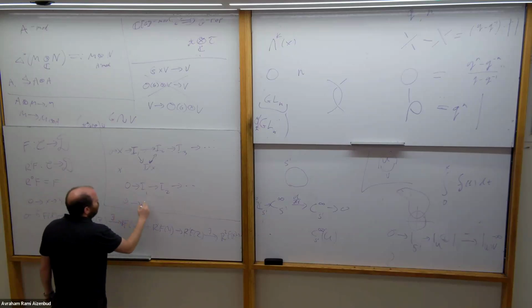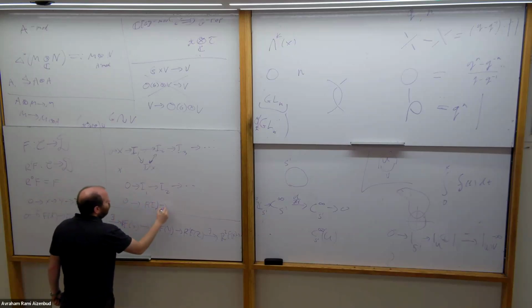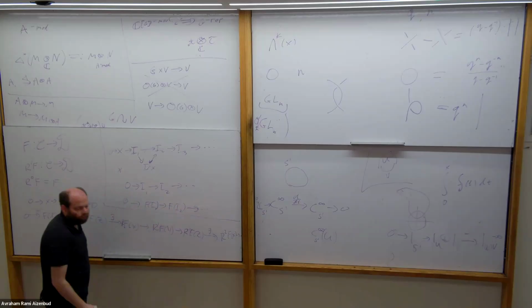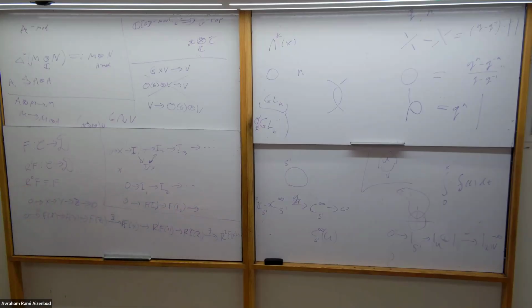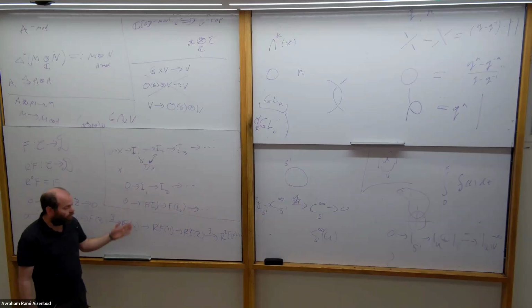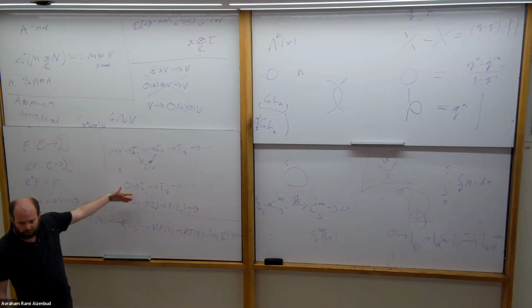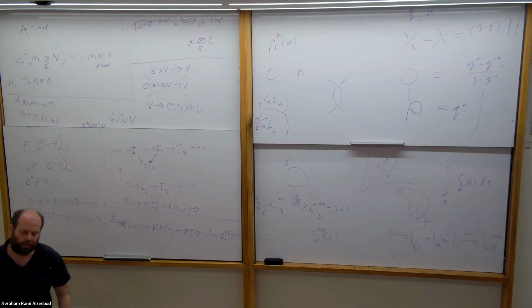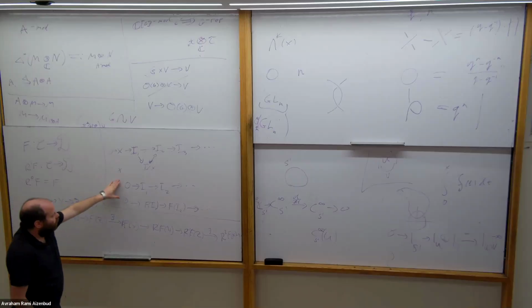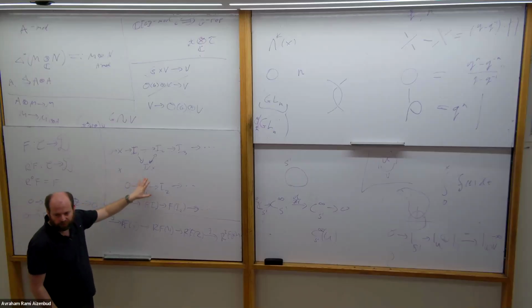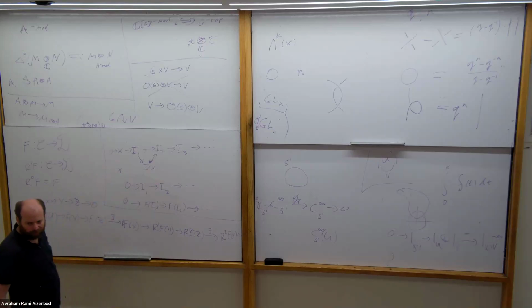You plug each of them into F. Now F is a functor, so it maps complex to complex, because it maps composition to composition and zero to 0. But F is not an exact functor. So it doesn't really map an exact sequence to an exact sequence.